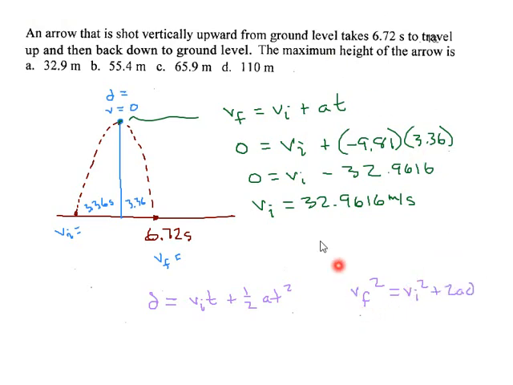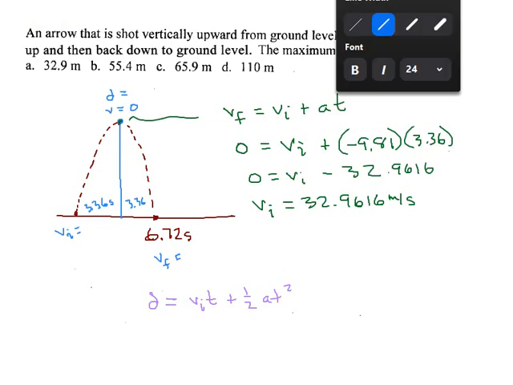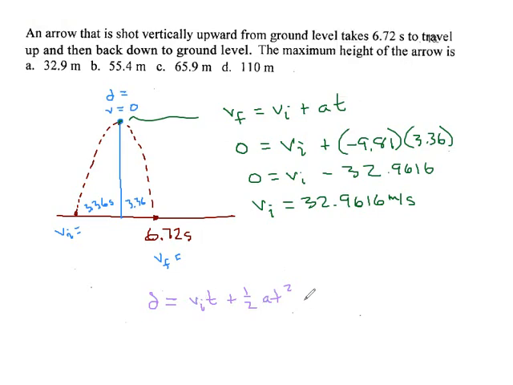We've been using this over and over. We could say that if we're at the top, our final velocity is 0, our initial is 32.9616, our acceleration is minus 9.81, and from that we could find D. But as good as this is, I've been using it over and over in these solutions, so let's just prove we can do things another way.